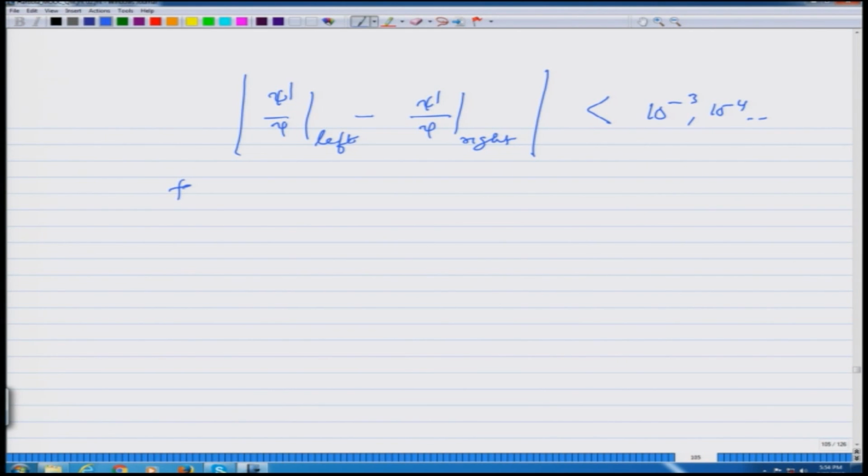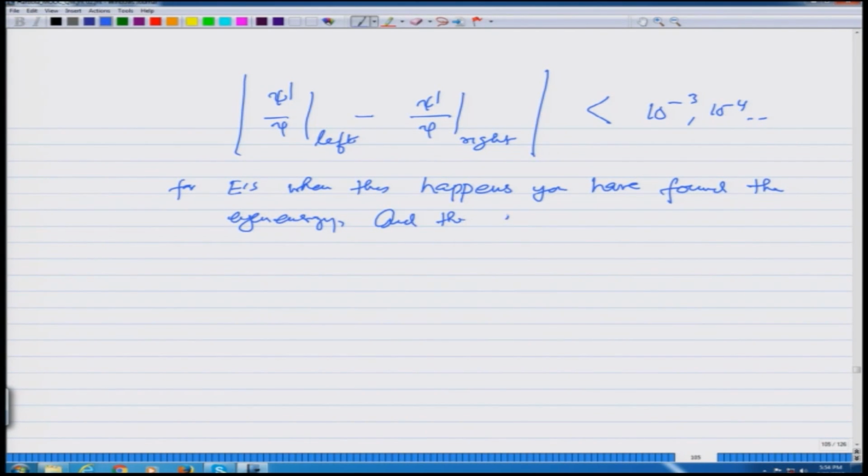So, for E's when this happens, you have found the eigenenergies, and the corresponding psi.